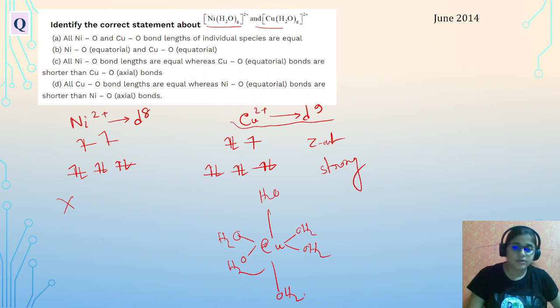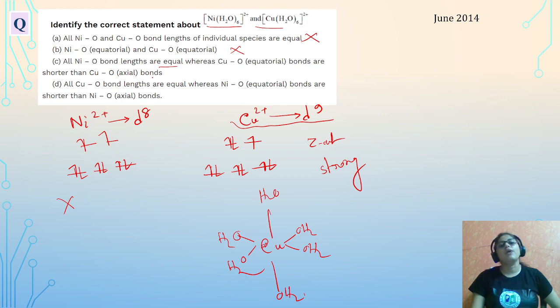All Ni-O bond lengths are equal, this is correct. Whereas Cu-O equatorial bonds are shorter than Cu-O axial bonds, this is correct too, right? Equatorial bonds are these, and these are axial. So axial bond lengths are more than equatorial. So C will be the answer.